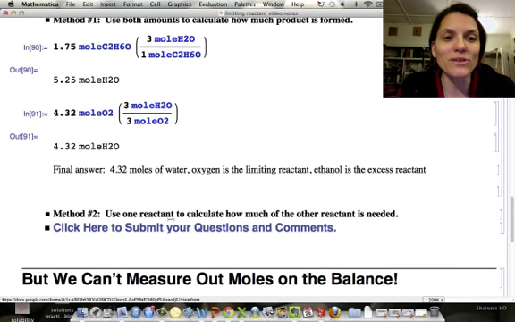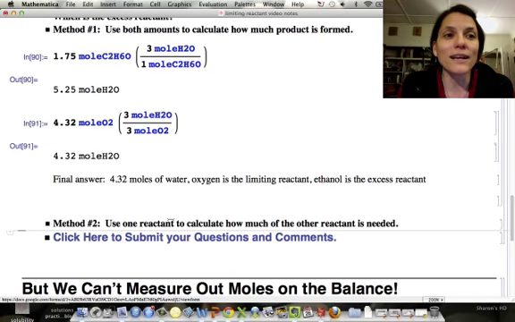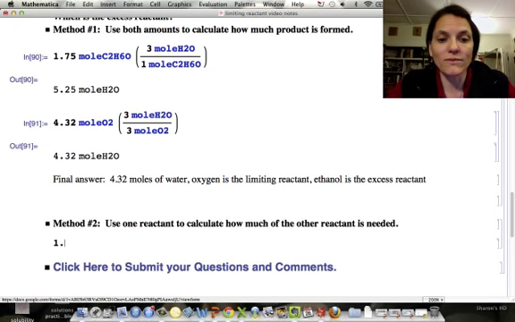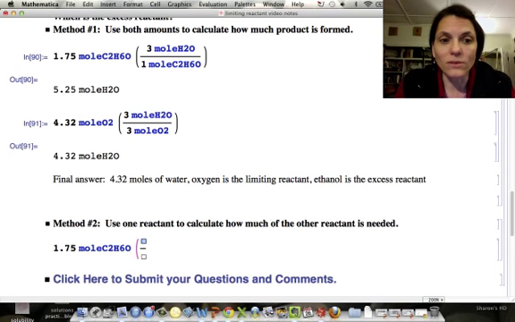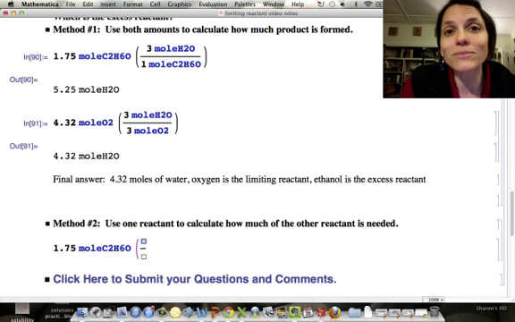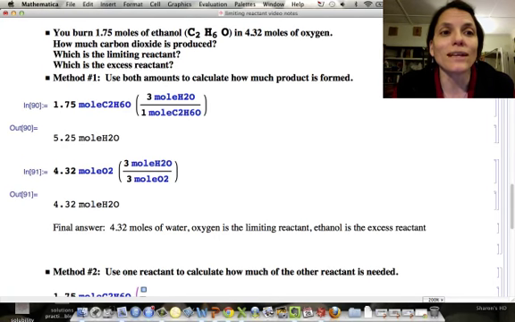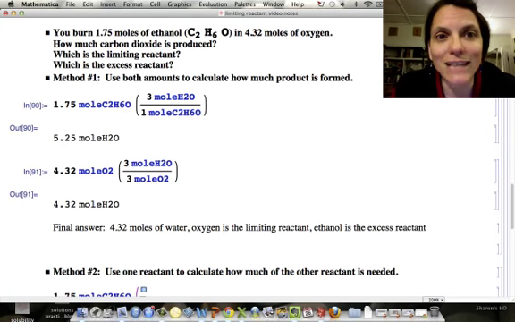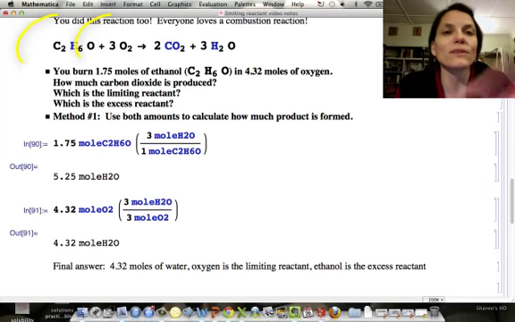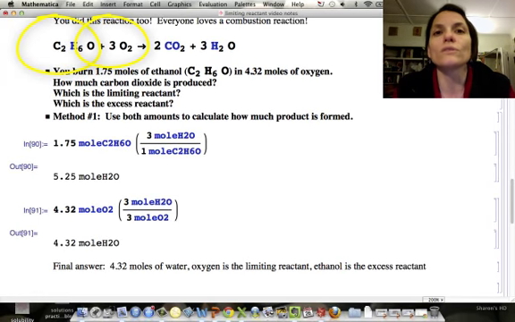All right, well, let's try method 2. Okay, and this time we're going to start with the 1.75 moles of C2H6O, and I'm going to figure out, if I react that completely, how much oxygen do I need? Okay, so remember method 2, we're comparing the reactants to each other. So if we go back to our balanced equation, it's a 1-to-3 mole ratio.